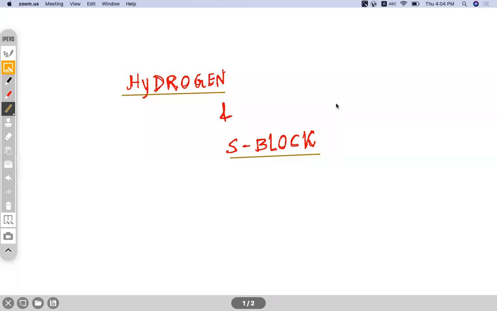So we'll continue with this chapter, hydrogen, today. We'll finish it off and then we'll start with S block, that is group 1.